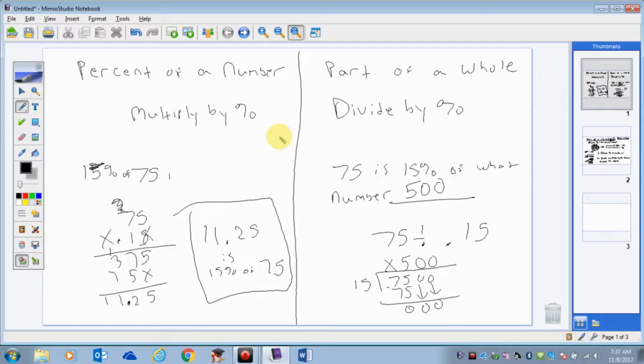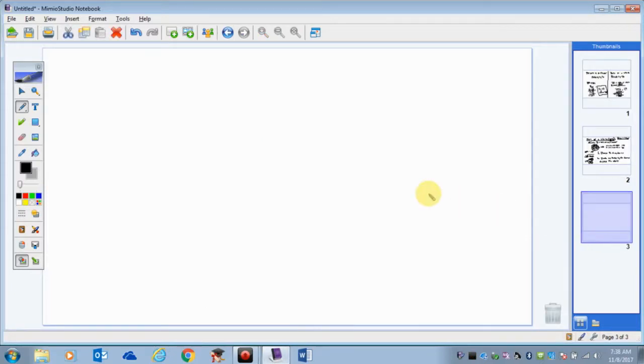If I'm saying 5 people have on pants, and that's 15% of the whole group, how big is the whole group? Then I'm going to take 5 and I'm going to divide it by 15%. So it would be 5 divided by 0.15, and I would get a much bigger number than I would working the other way. So let's do a couple example problems.